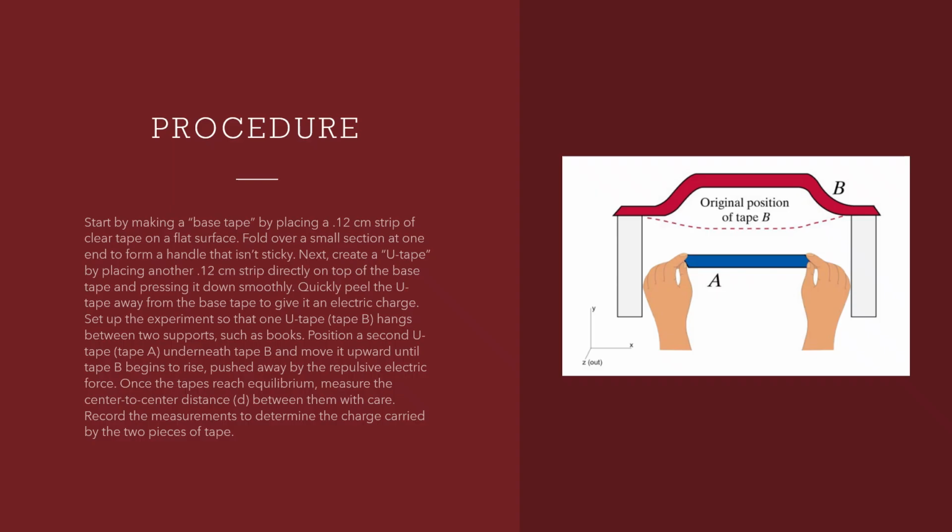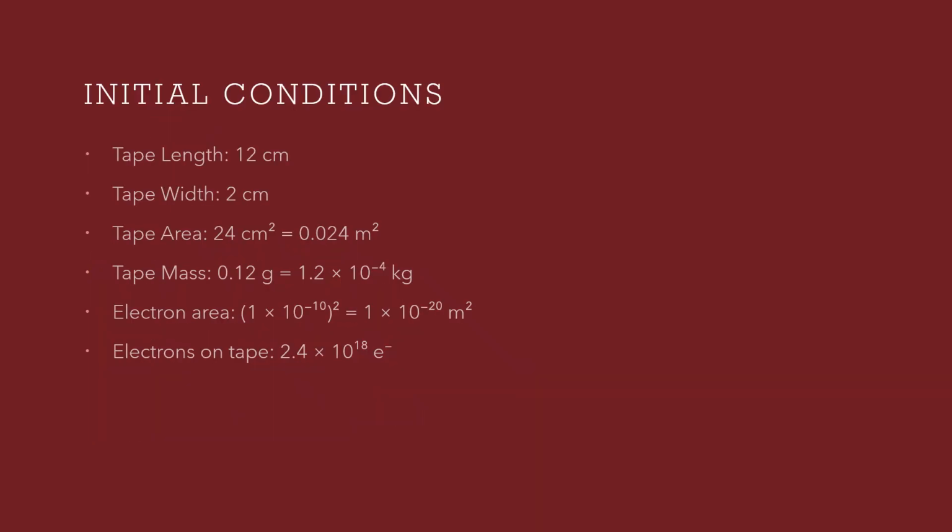To do this, as seen in the diagram above, we hung one piece of U-tape above another, and then we moved the second piece of tape underneath it and set the distance to see whether the tape would rise or drop. So we basically had a set distance, and then we measured how much the middle of the tape moved, which gave us our D value. That was the procedure we actually ran in person.